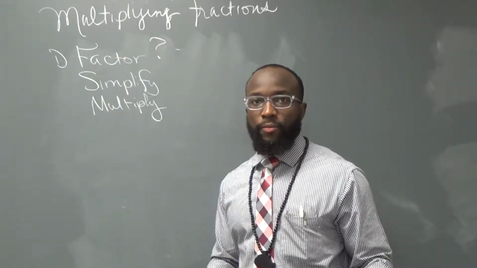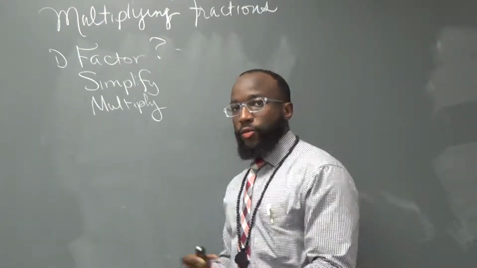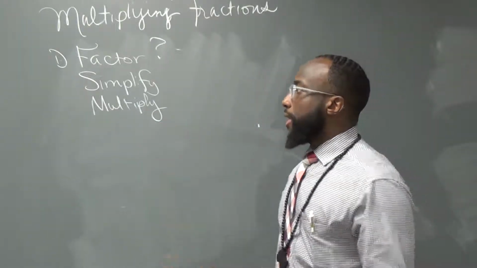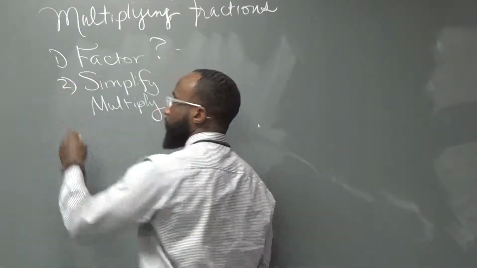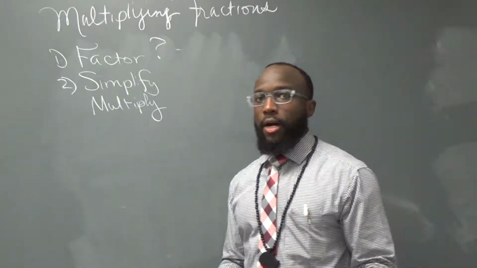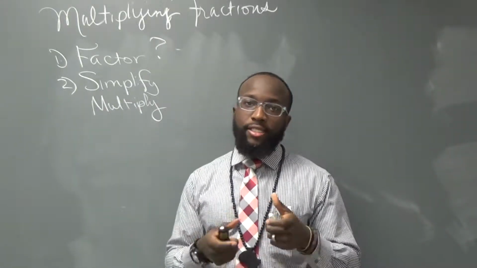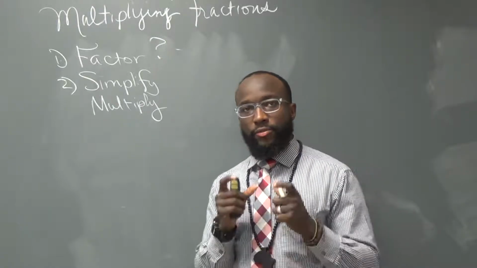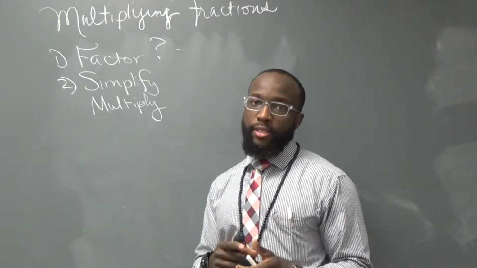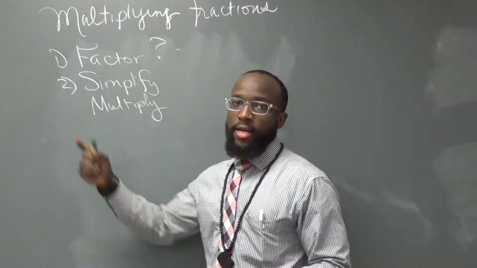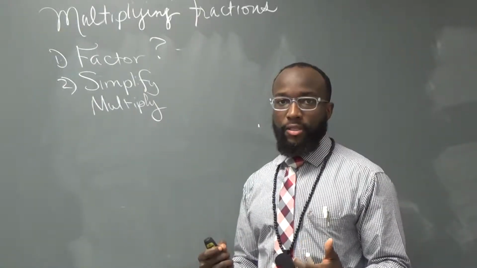Are they factorable? And if they are factorable, you factor them. Then, after you factor them, you want to simplify them, or reduce. We used to call it reduce, but because of change in terminology and just using correct verbiage in mathematics, we say simplify.